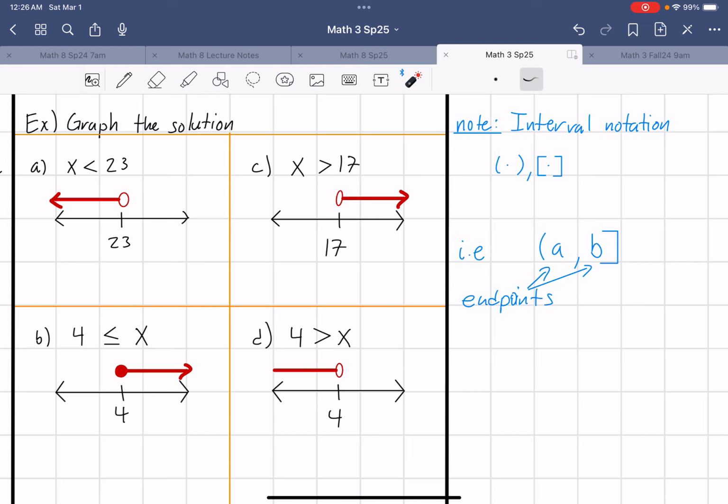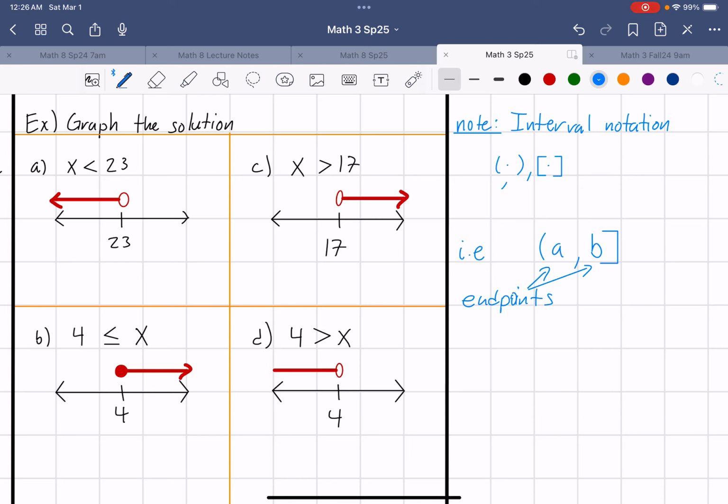Now, how do I know if I use parentheses or brackets? Well, it's very similar to this open and closed circle. Remember, closed circle implied that your variable can represent that number in question because it would remain to be a true statement. Versus an open circle implied that that number in question is not part of your solution or part of your graph. Well, there is something very similar in interval notation. And what is that thing?